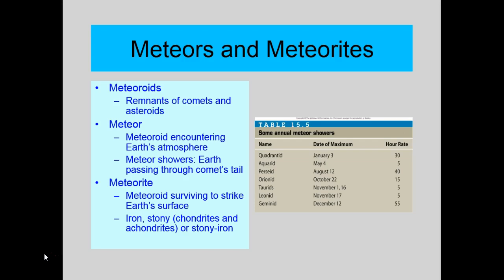Okay? That's what we're seeing. We're seeing it get so hot it glows. And most of the time it burns up. Okay? Completely. But every now and then it'll be big enough when it first enters that it won't all burn up. And if it does survive to strike the Earth's surface, that becomes a meteorite.